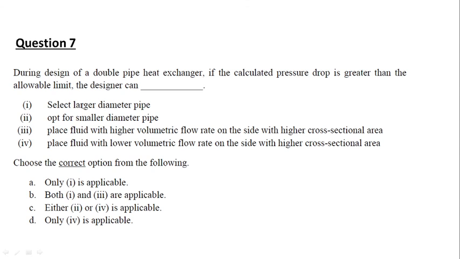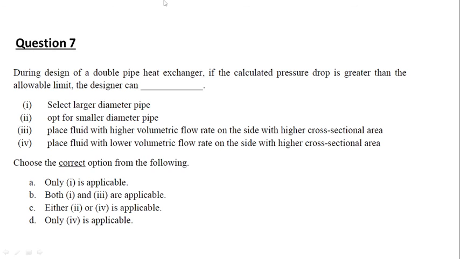So one method is to select a larger pipe diameter. If a larger pipe diameter is used, then the velocity will be lower and the pressure drop will be lower. Also, we can increase the length of the tube to increase the pressure drop. Also, we can place a fluid with a higher flow rate through the higher cross sectional area.